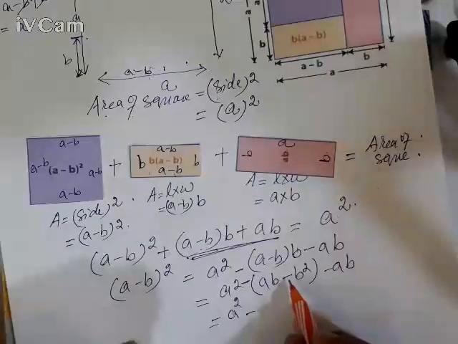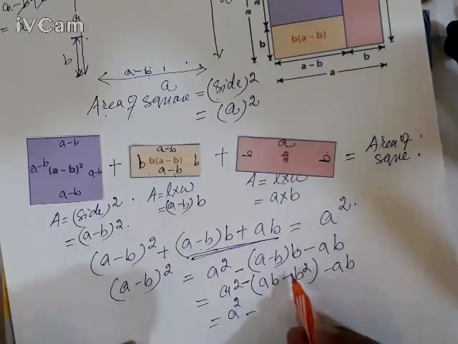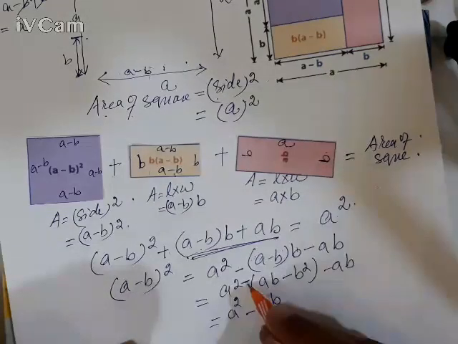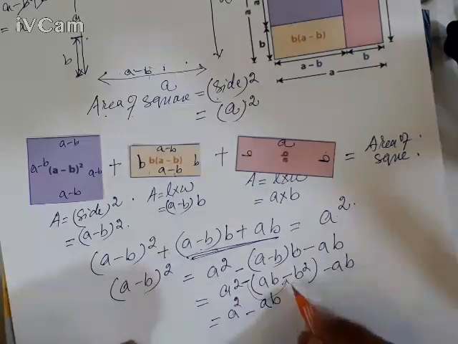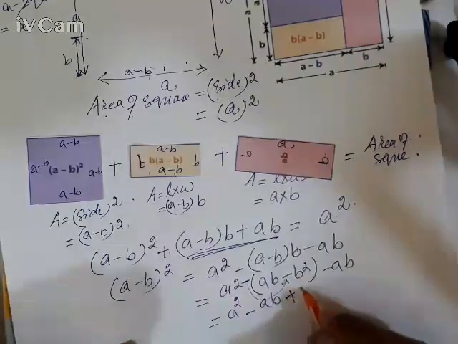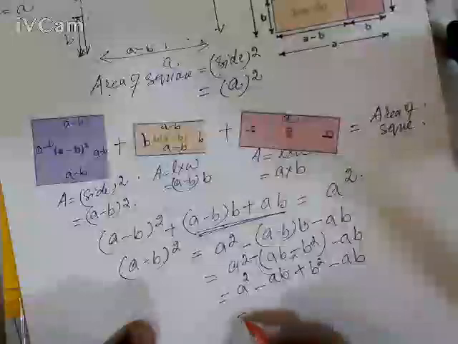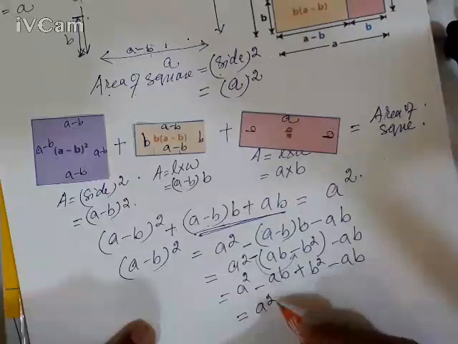If inside is a plus sign, it will be negative. If it is a negative sign, it will be plus. So it is ab, and this sign multiplied with this negative sign will be plus b squared, minus ab, which is further equal to a squared.